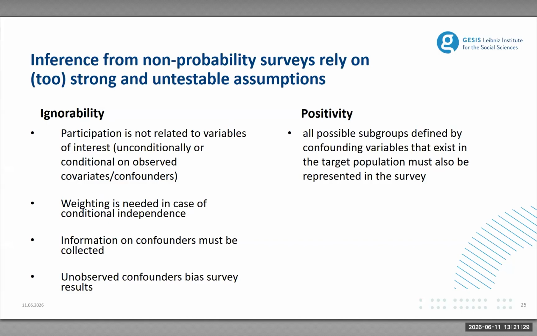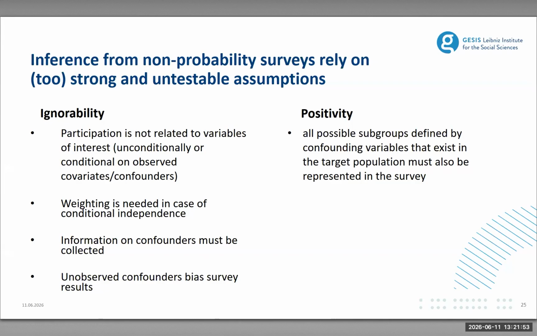So the first assumption is ignorability, which means that whatever characteristics determine or affect whether some person participates in the survey, they need to be not related to the stuff that we want to measure, or known so that we can correct for them.